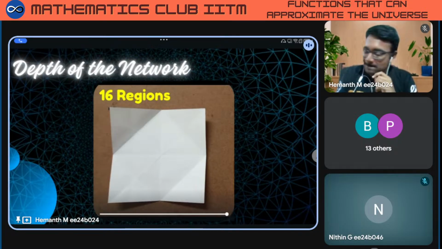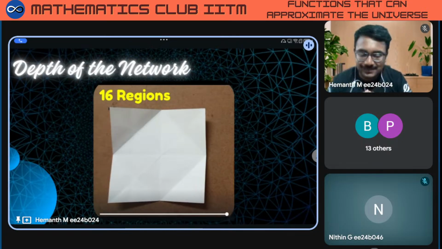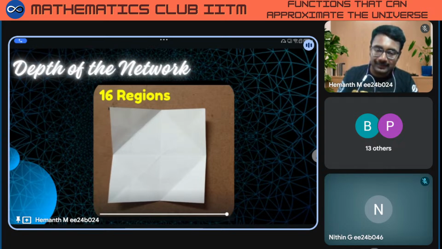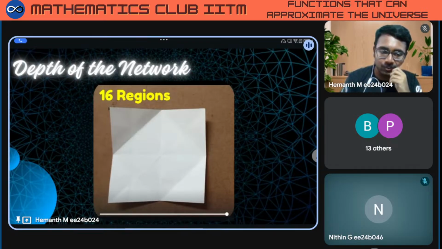So now my question to you all is, here I took 8 folds to make the 16 regions. Can you come up with a way by which you fold the paper less number of times but still achieve the exact same 16 regions? Meaning you should have these 16 regions in the same format, like these diagonal sides and all, but you have to achieve the same thing with lesser number of folds.